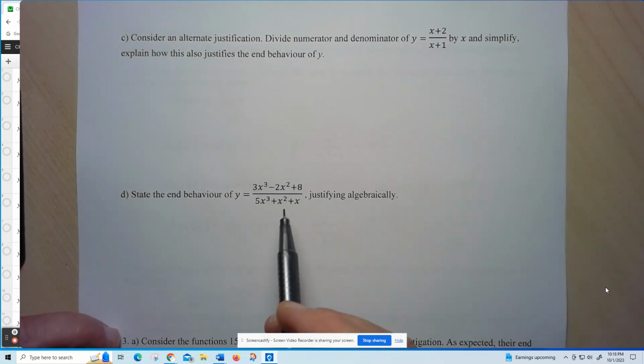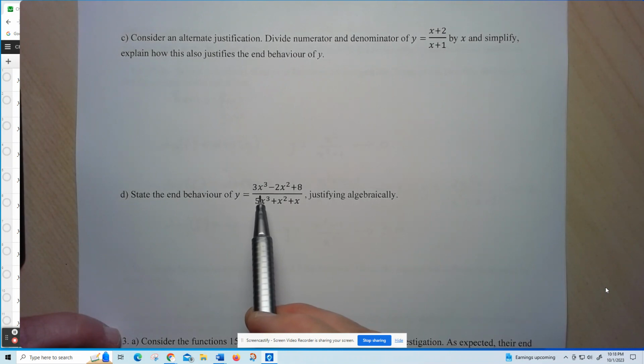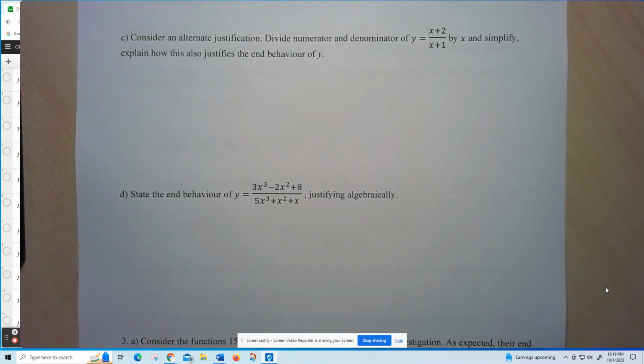I want you to then do the same thing with this expression. And again, divide by the highest power of x. And with what remains, can you justify what the end behavior should be? So here, notice we expect it to be approaching 3 over 5. Can you show that algebraically? So again, we'll leave you about 4 minutes or so to do this and come to a conclusion.